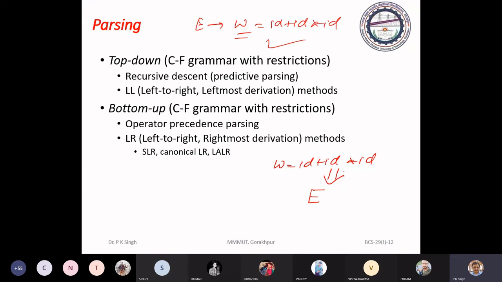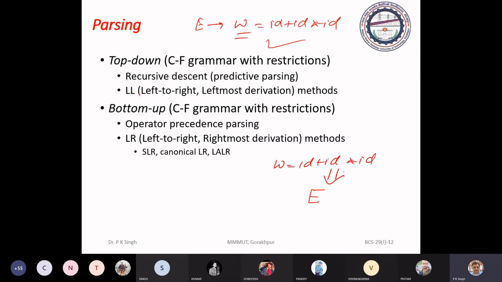Okay. In top-down parsing, we will discuss recursive descent parsing. Okay. And another is predictive parsing. It is also called LL parsing. Okay.